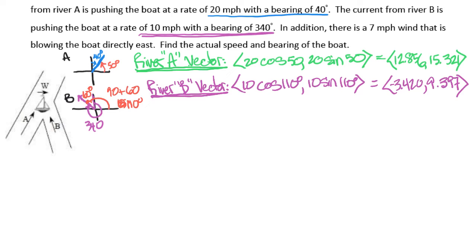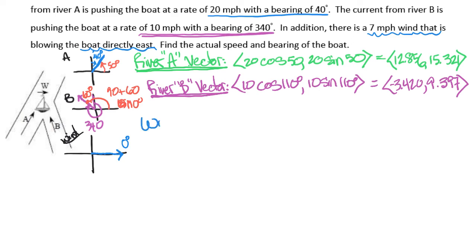All right, so grabbing a different color. The wind is 7 miles an hour and directly east. Okay, well that's a new piece. So this is the wind. Directly east means right there. So what is that angle measure in the standard angle? 0 degrees.